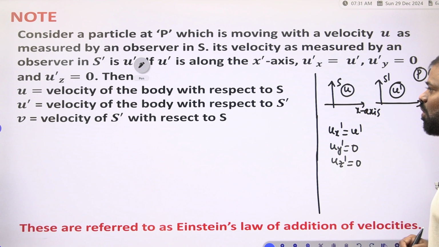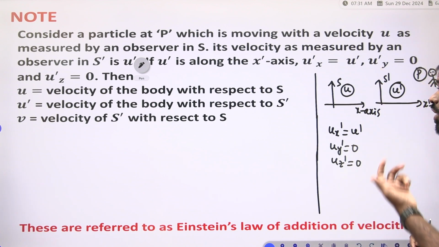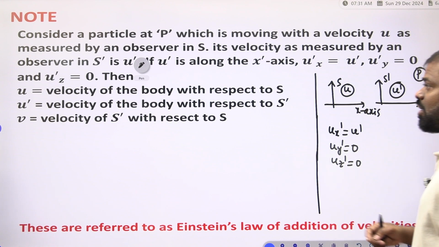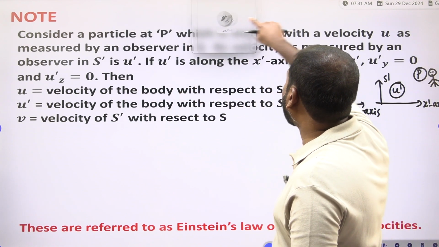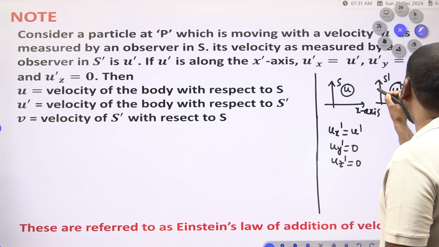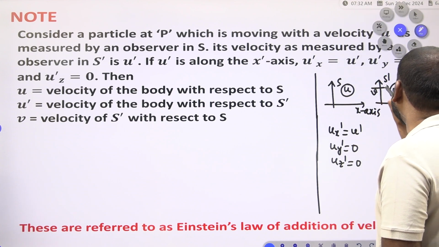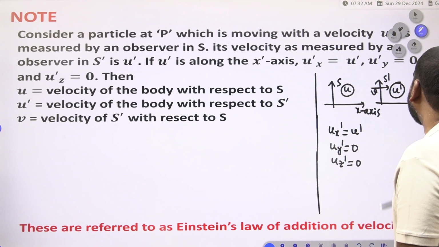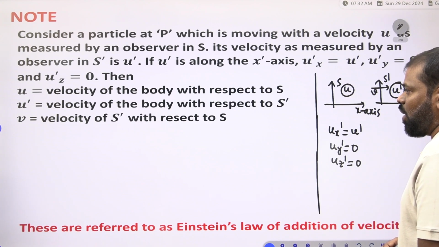So this is very important. Now with respect to S dash, what is the S dash frame velocity? S dash frame velocity is equal to v.